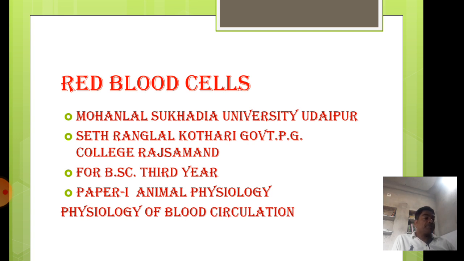Red blood cells have a few important terms also associated with them. These are glucose 6 phosphate dehydrogenase, G6PD. G6PD is an enzyme in the pentose phosphate pathway.